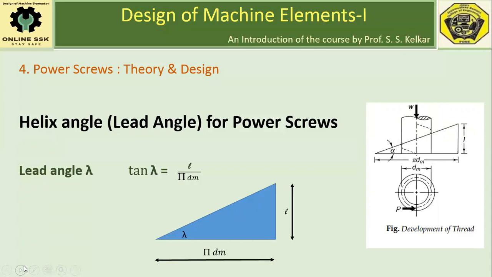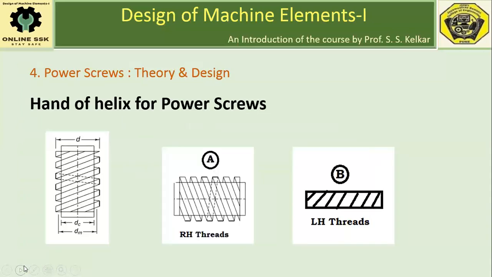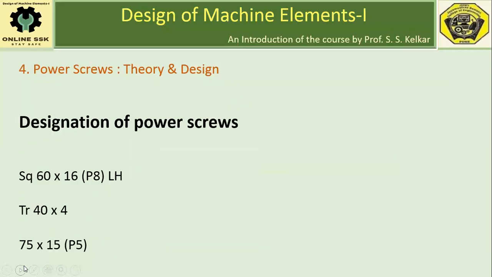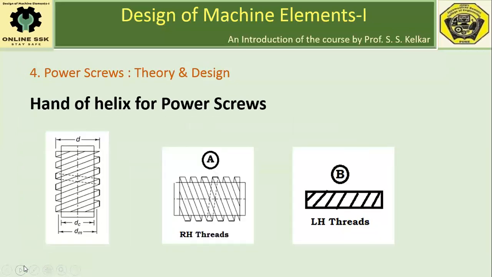Alpha or the lambda, these are the two notations generally used for helix angle. Now let us discuss something regarding hand of the helix. You must be knowing that helix can be of right hand or left hand. Whenever you want to identify hand of helix, first of all, you have to keep the screw in horizontal position.